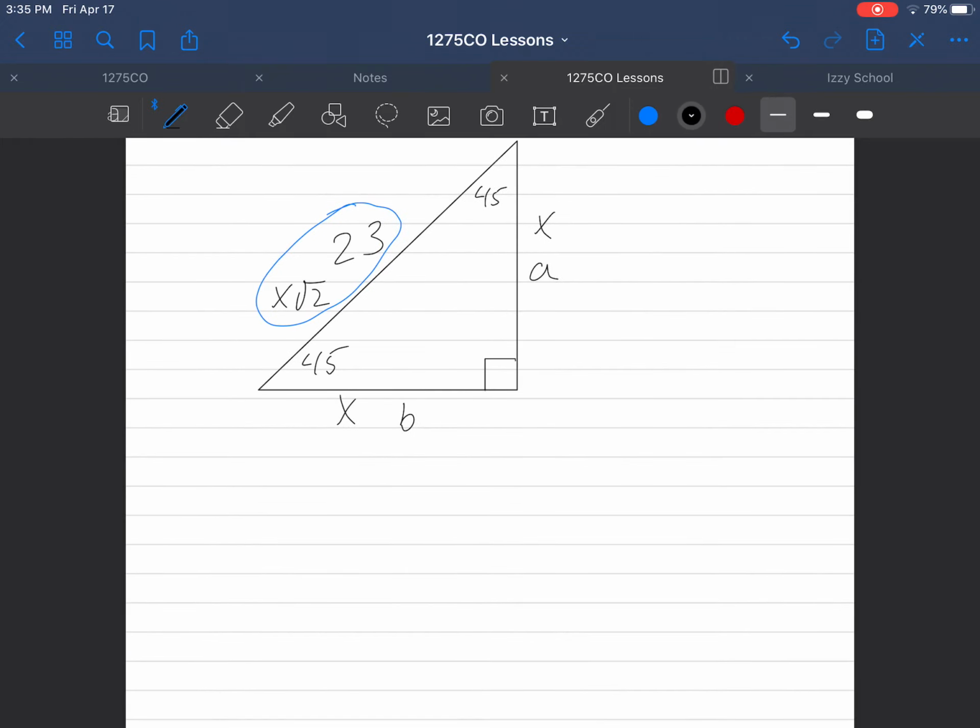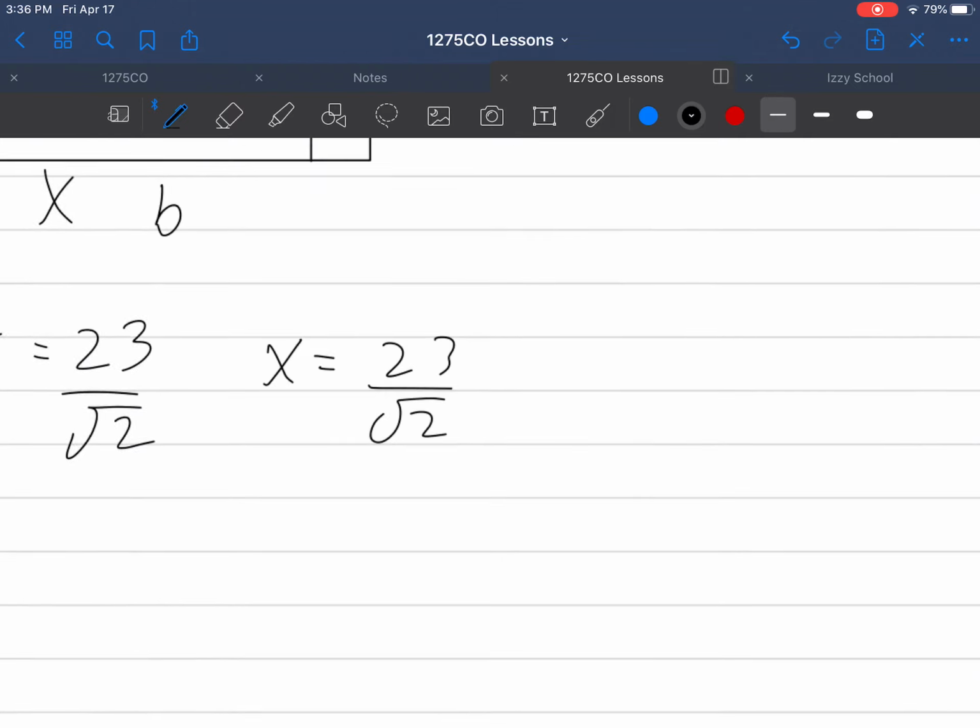equality on the hypotenuse side. X times radical 2 is equal to 23. And then we can solve for x by dividing by radical 2 so that x is equal to 23 over radical 2. Right?